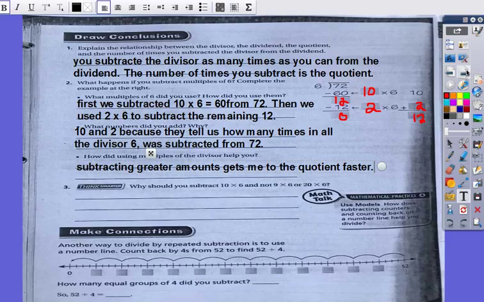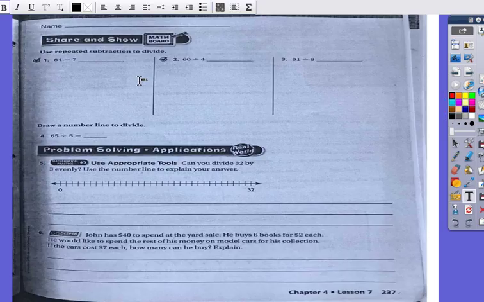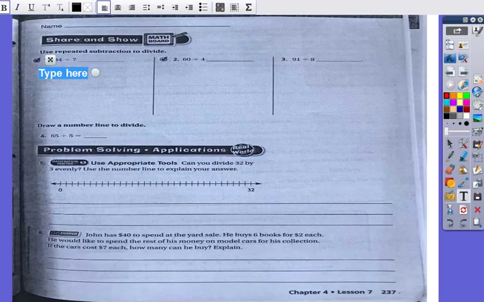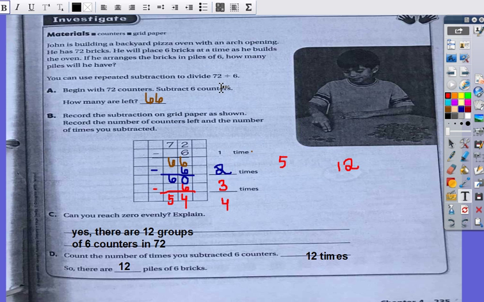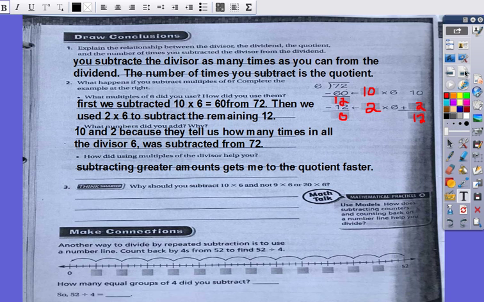I'm going to go right here to the next page, and we're going to use repeated subtraction to divide. So we have 84 divided by 7. If we look on that first page, the first thing they did is they took 72 minus 6, so we're going to do that.